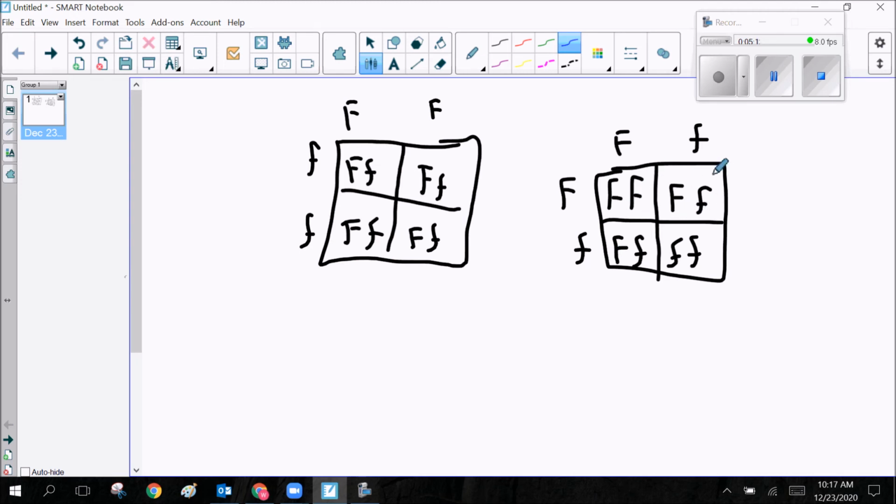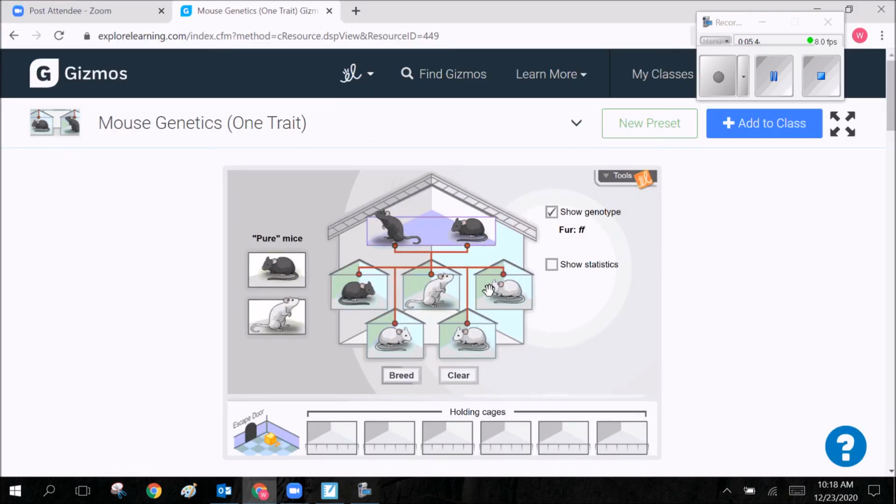So these 3 individuals are black-furred, and this one down here is going to be white-furred. This one right here is recessive. That means there is a 3 out of 4, or 75% chance that the mouse's fur color will be black, and a 25% chance that the fur color will be white. Well, then you might ask, if there's a 25% chance, why did 4 out of 5 end up being white?